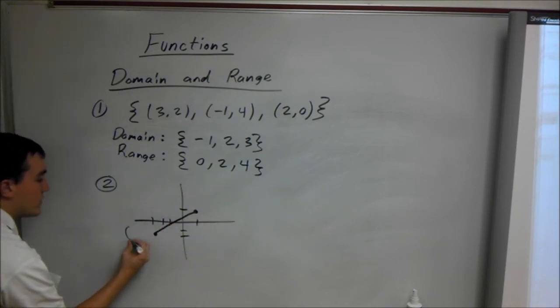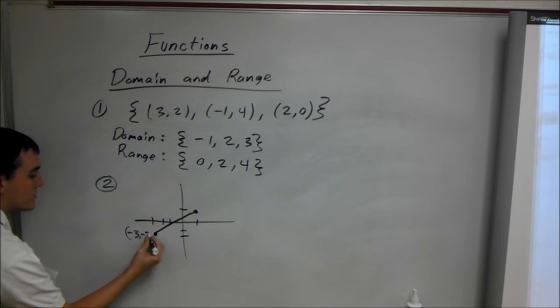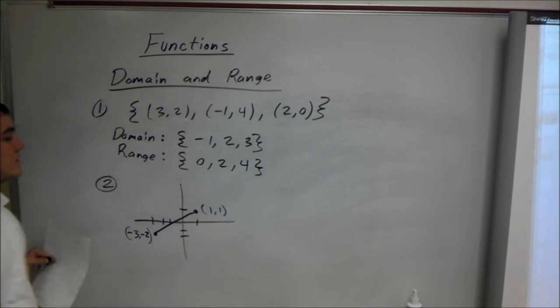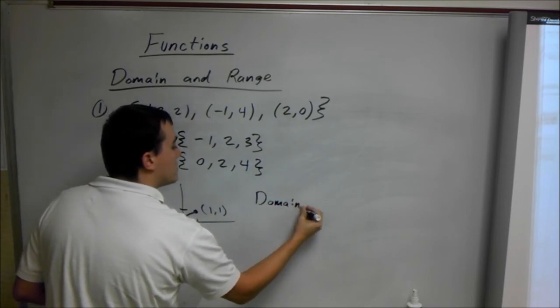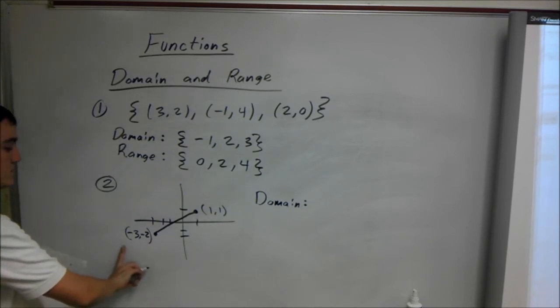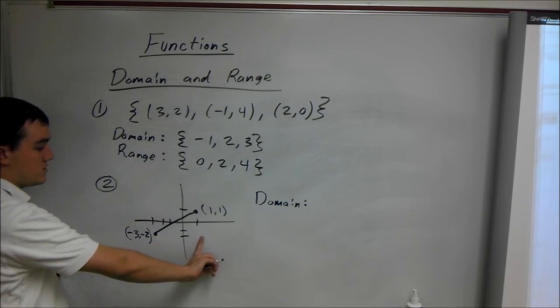And we know this point is negative 3, negative 2, and this point is 1, 1. If it asks us for domain, we're just looking at the x values. So domain, we know x is between, go from left to right, negative 3 to 1.